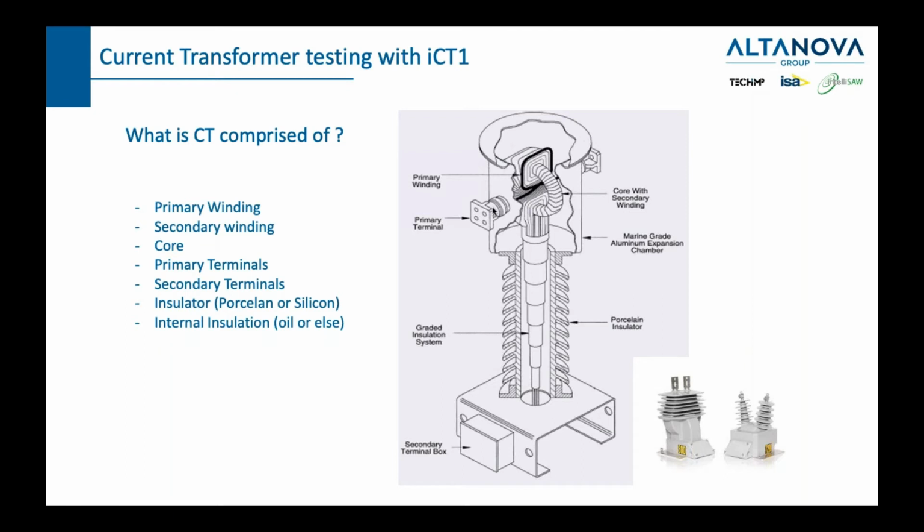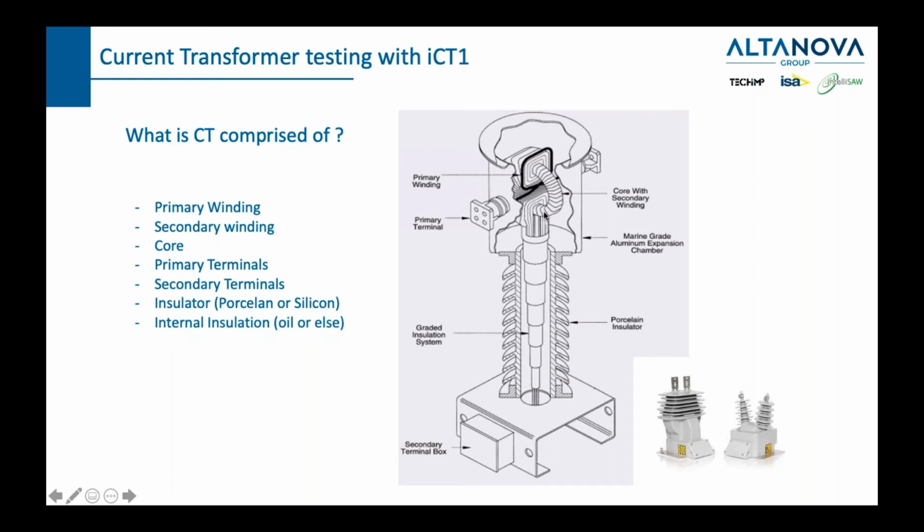So a current transformer is always connected in series. Then this primary terminal is extended onto this, as you can see, black primary winding. And after this primary winding, we have the core and the secondary winding wrapped around that core.